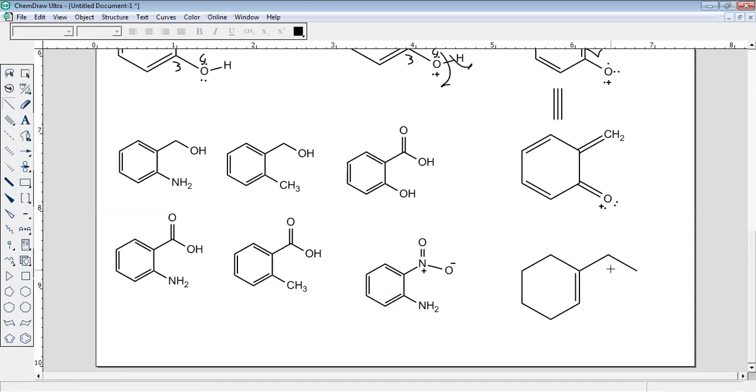If benzene is not there, and some esters are there, like this, OCH3 like this, and here suppose CH3.